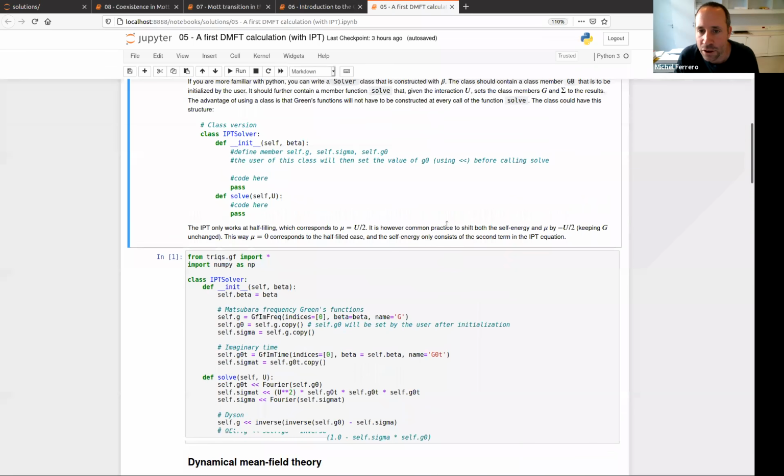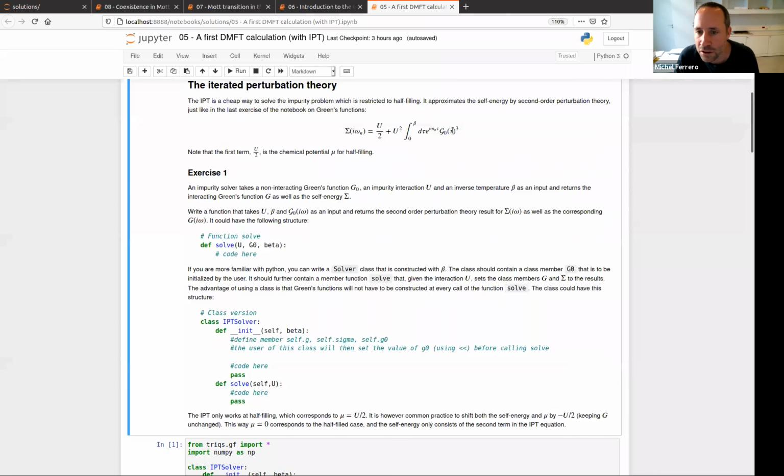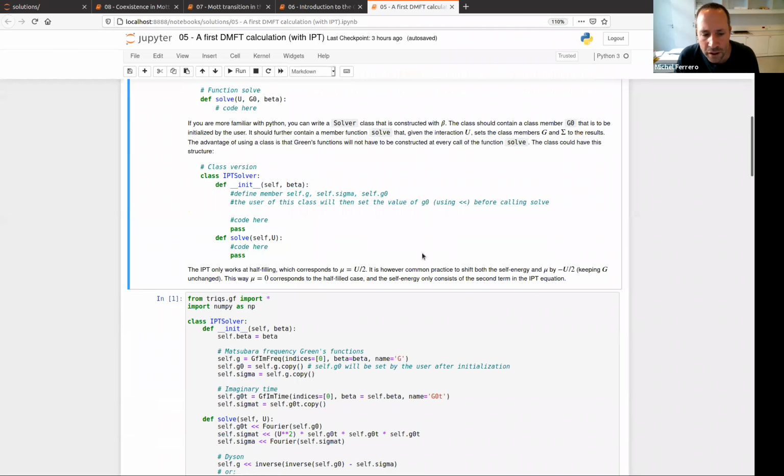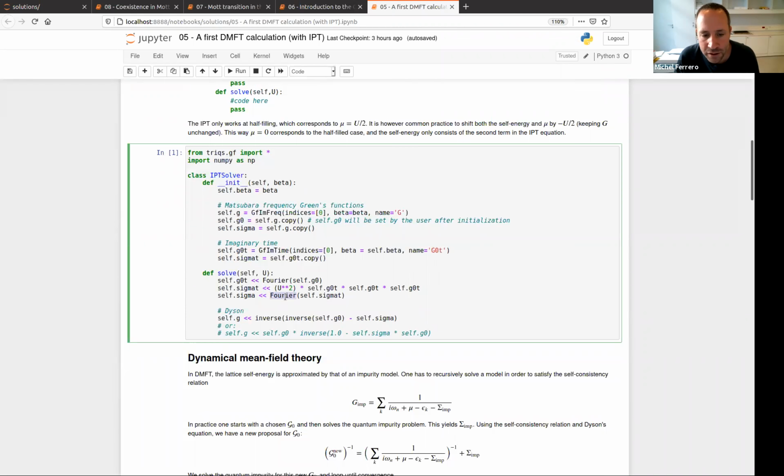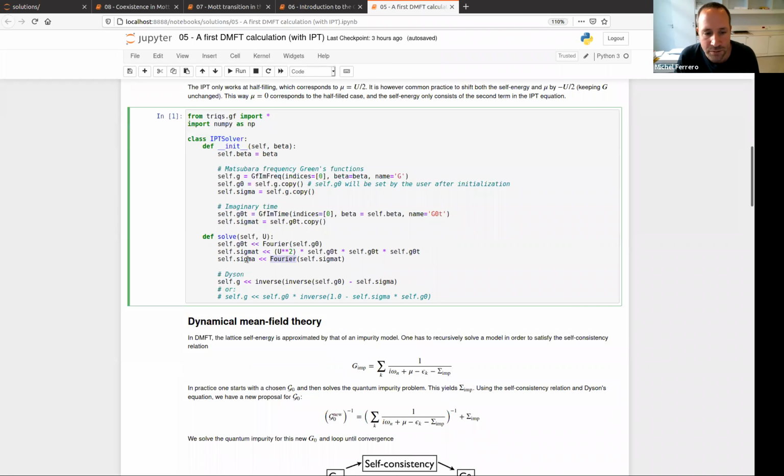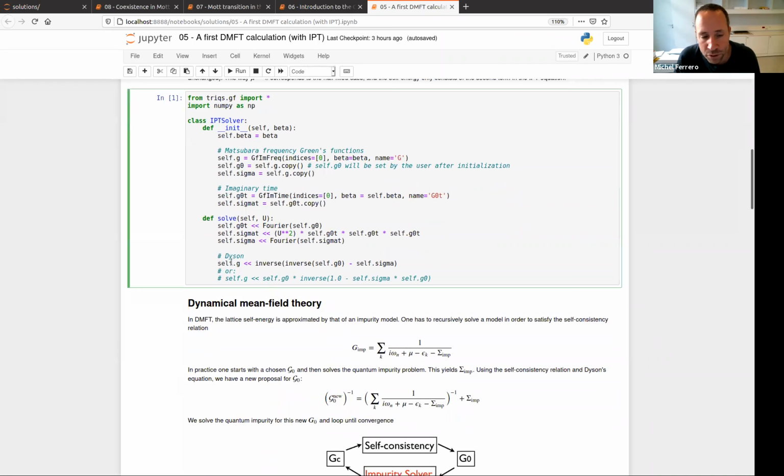This is exactly this formula here. And then I Fourier transform this object to get the self-energy in frequency. And then, to compute the Green's function for my model, I remember the Dyson equation, which relates G, sigma, and G0. It says that G is 1 over the inverse of G0 minus sigma.